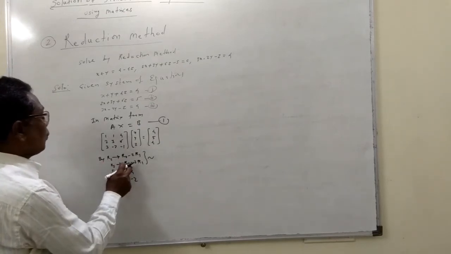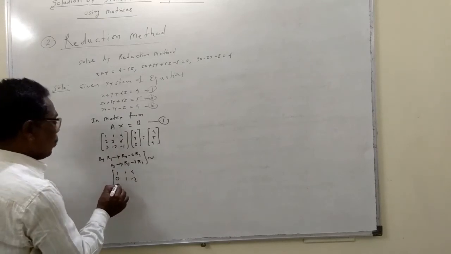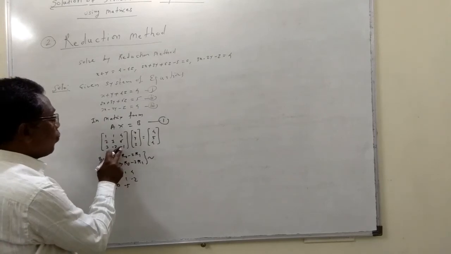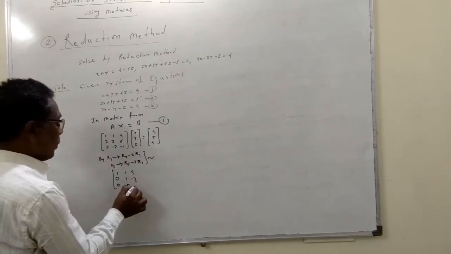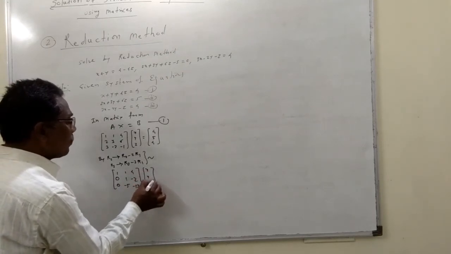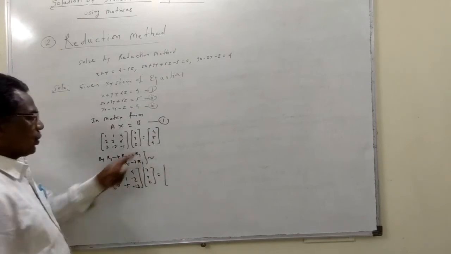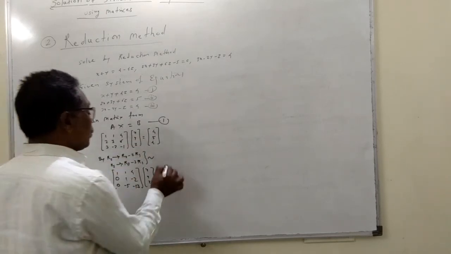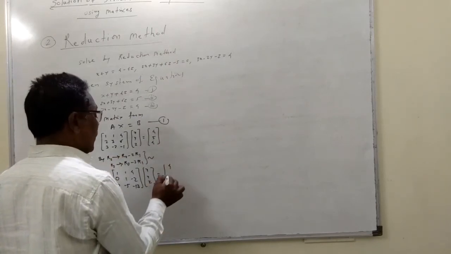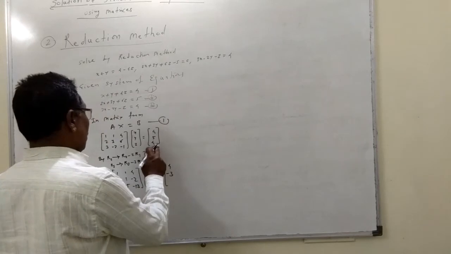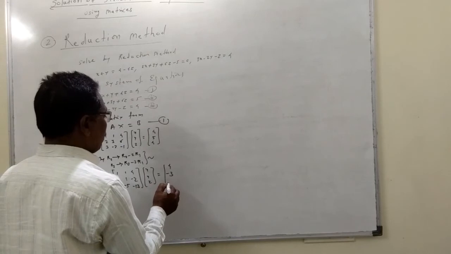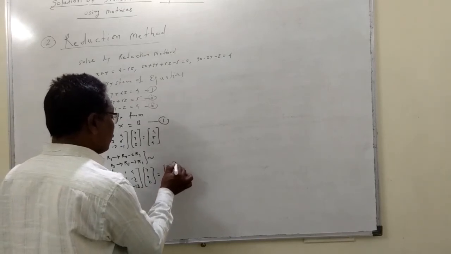Third row: 3 minus 3 into 1 is 0, minus 2 minus 3 is minus 5, minus 1 minus 12 is minus 13. x, y, z is equal to, now you do the same operations on the RHS matrix B. First element 4; 5 minus 4 into 2 means minus 3; 4 minus 3 into 4 is 12, so 4 minus 12 is minus 8.